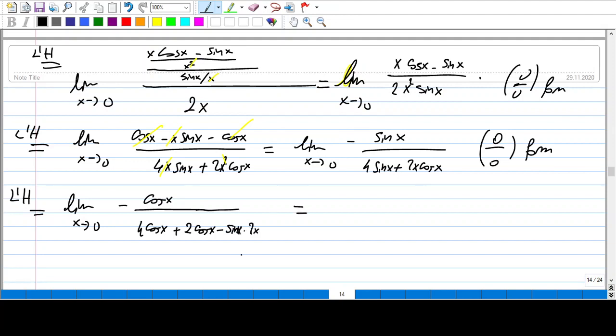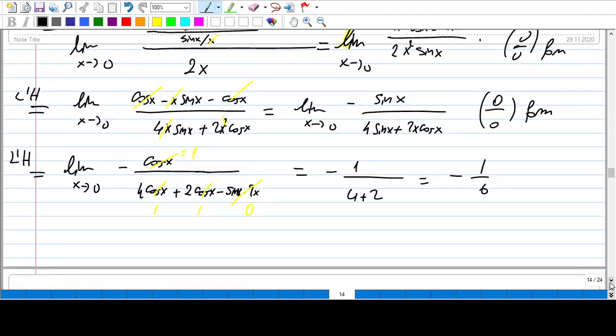Now if I put 0 again, this will be 1, this will be 1, and this will be 0. What do we get? We get minus 1 over 4 plus 2, which is minus 1 over 6. We get a result.